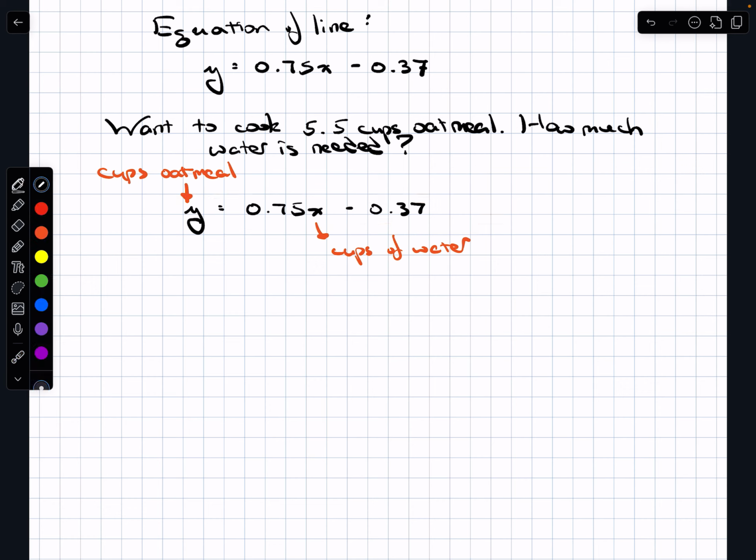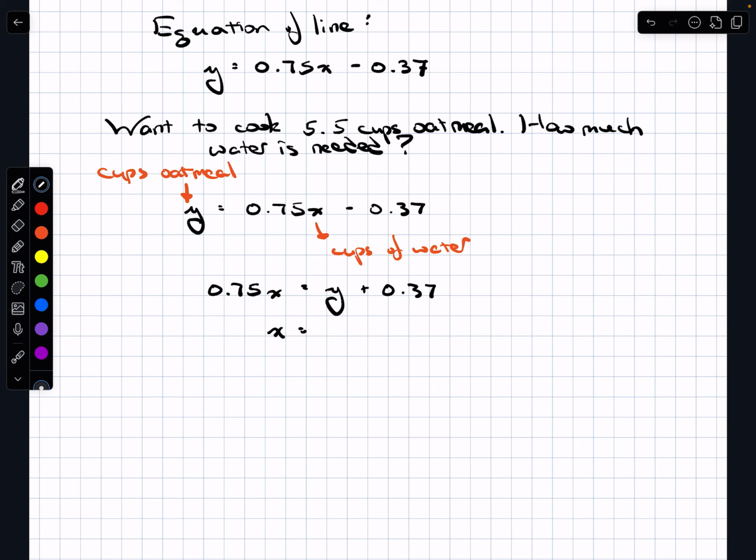First we get the term with x by itself. I'm going to add 0.37 to both sides, so 0.75x equals y plus 0.37. And now I'm going to divide both sides by 0.75.